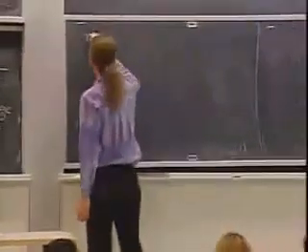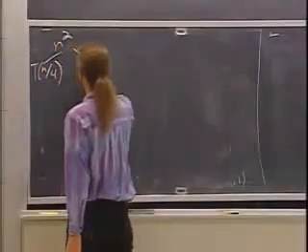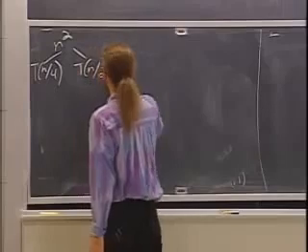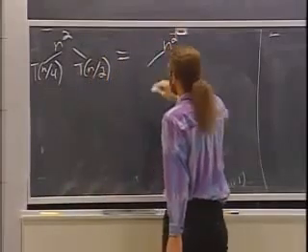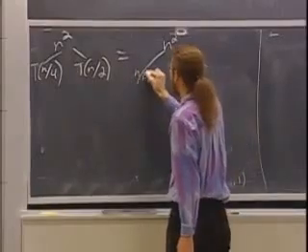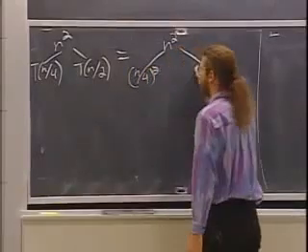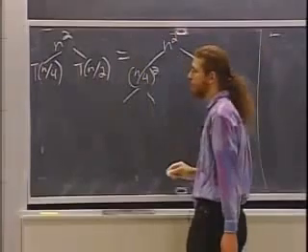We have this n squared, T of n over 4, T of n over 2. If we expand one more time, this is going to be n squared plus two things. The first thing is going to be n over 4 squared. The second thing is going to be n over 2 squared, plus their recursive branches.